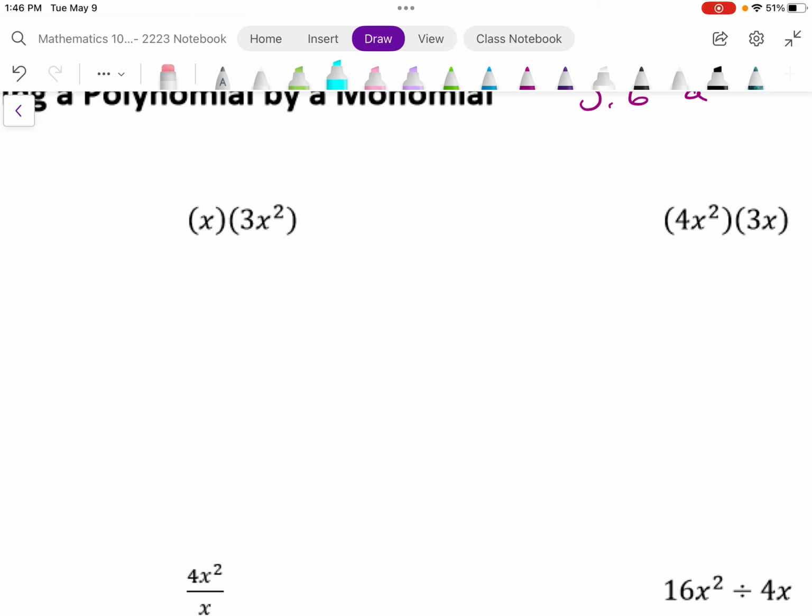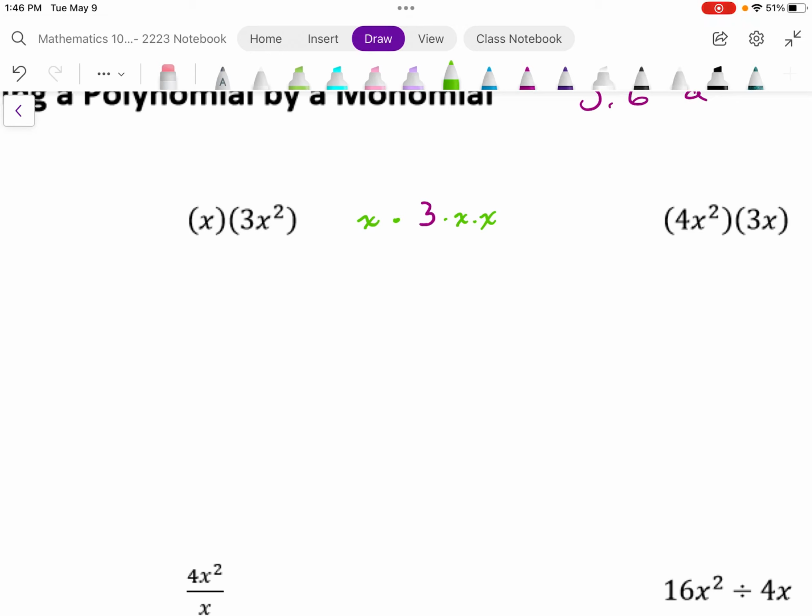Let's move on to the next one. I'm going to write repeated multiplication here. So I have x. I'm going to write down what it means, x times x. Well, now this is 3 times x times x. That's what 3x squared is. So what can I do? You know what? I'm going to do one better. Instead of writing x in purple, I'm going to write it in green.